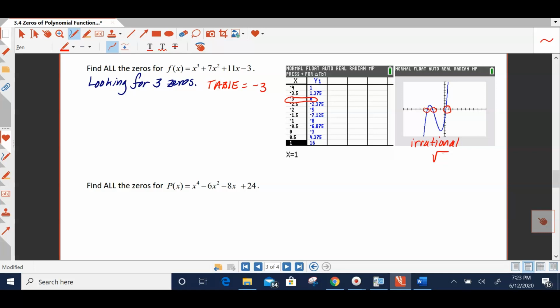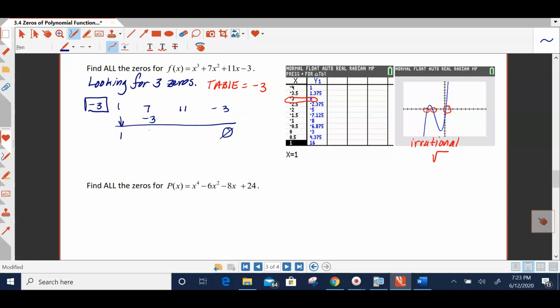Remember, once you find what you can from the table, we do synthetic division to get it down to a quadratic, and we can use the quadratic formula to find the rest. So let's go to our box. Let's put in the zero from the table, the -3. Let's write down our coefficients. We don't have any skipped powers. 3, 2, 1 constant. We should get a remainder of 0 because I'm dividing by a zero.